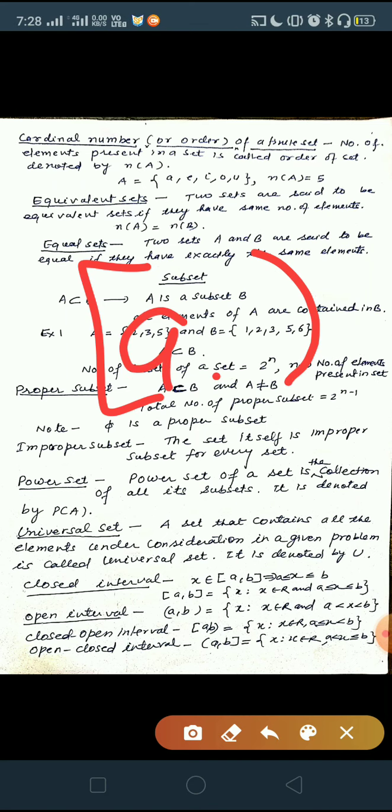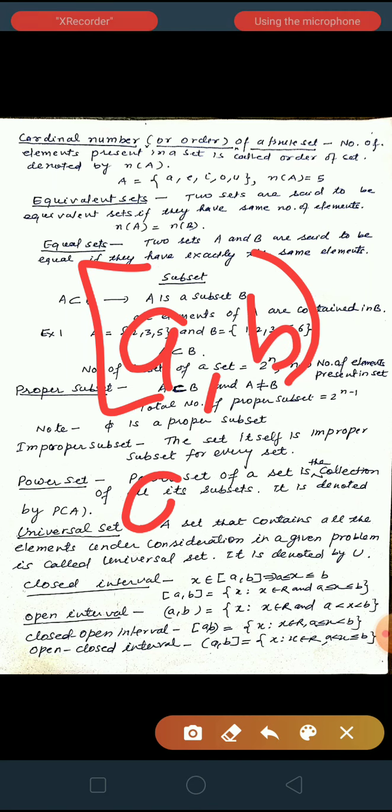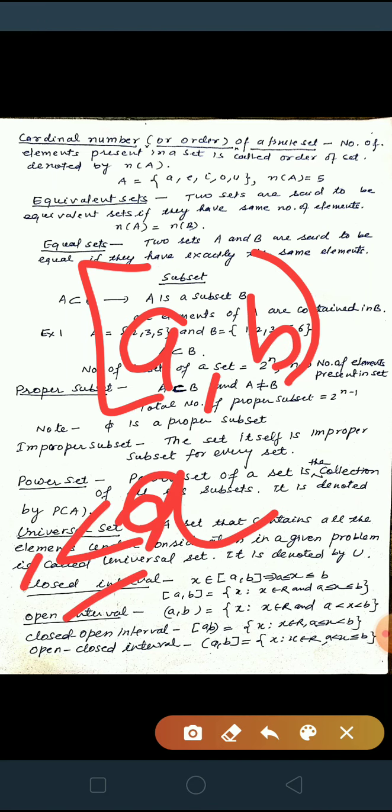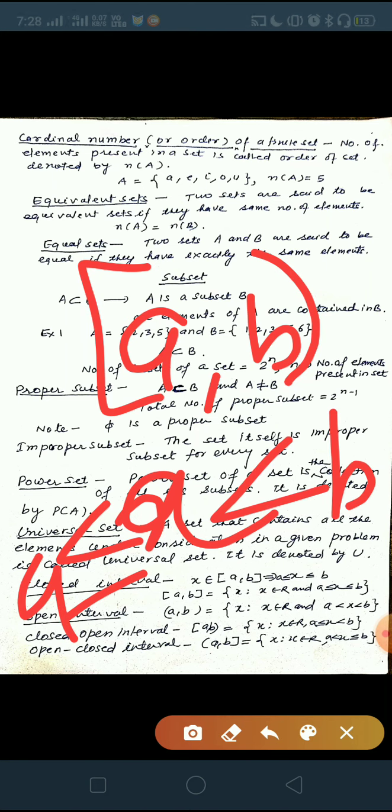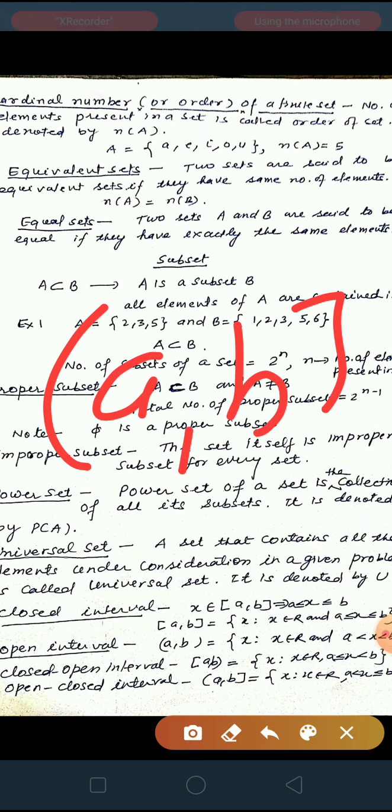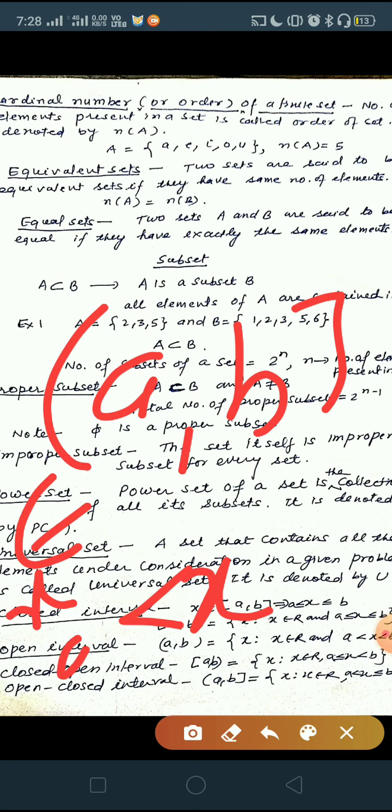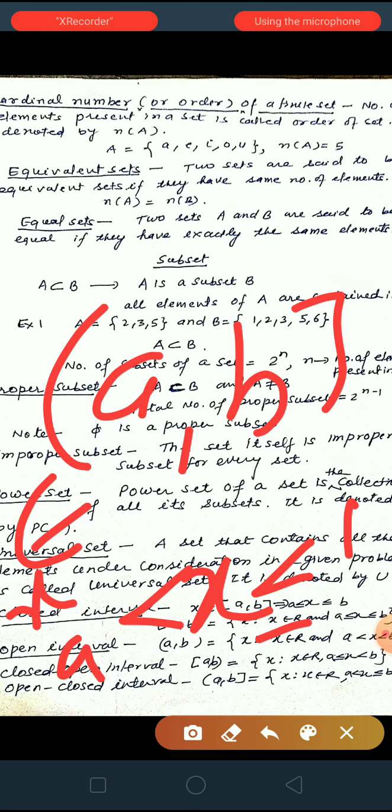Closed open means closed from the start and open at the end. Here x is greater than or equal to a but less than b. And the open closed interval means it is open from the start and closed at the end, so x is greater than a and less than or equal to b.